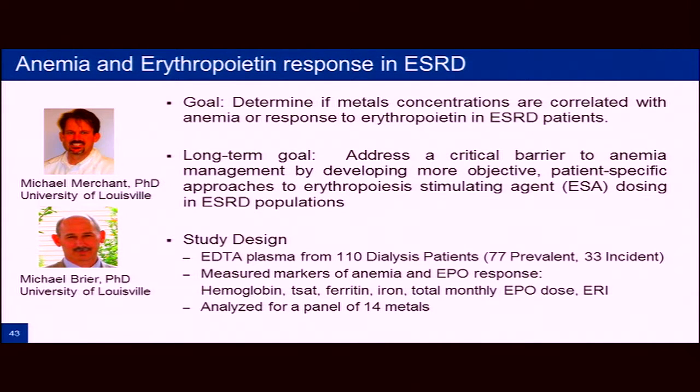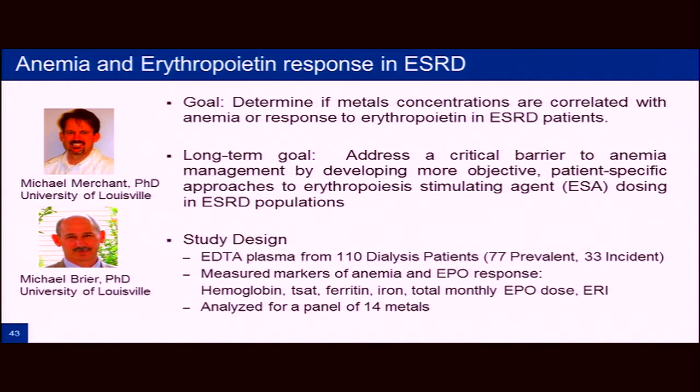I met some of you last night, and I think there's particular interest in the room in anemia and erythropoietin treatment, so I wanted to highlight this project real quick. It's with Michael Merchant and Michael Breyer at the University of Louisville.